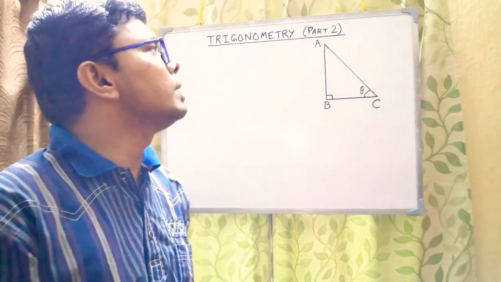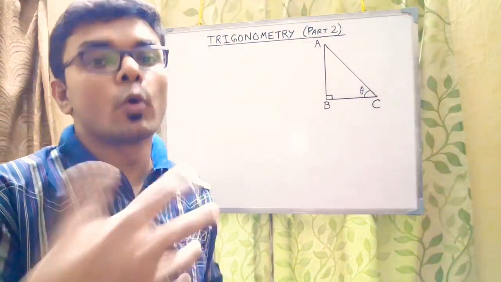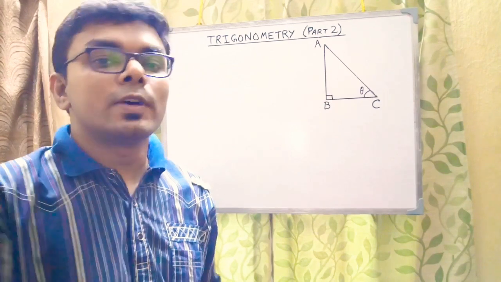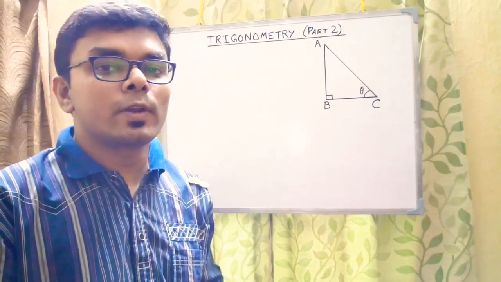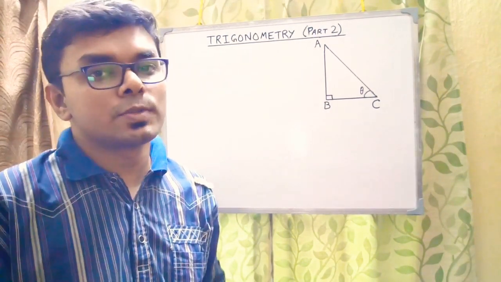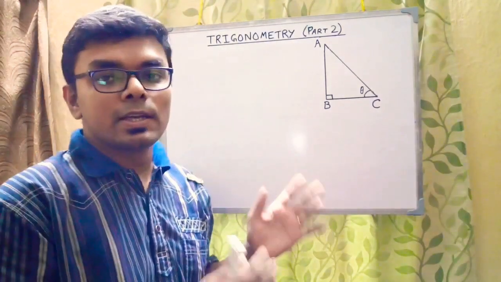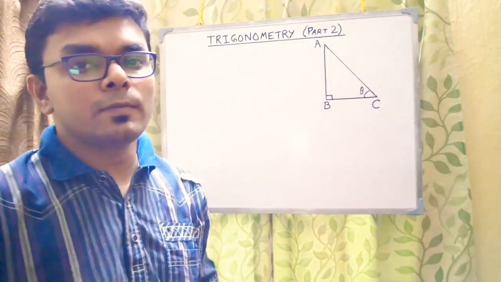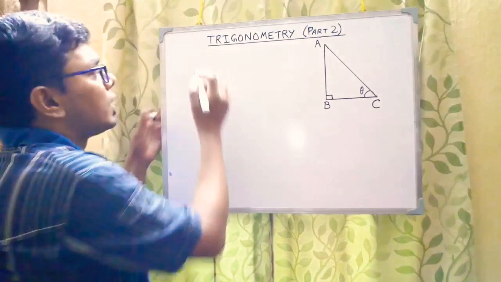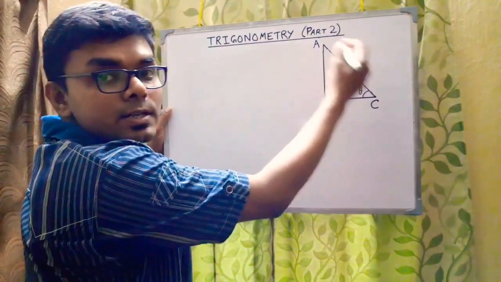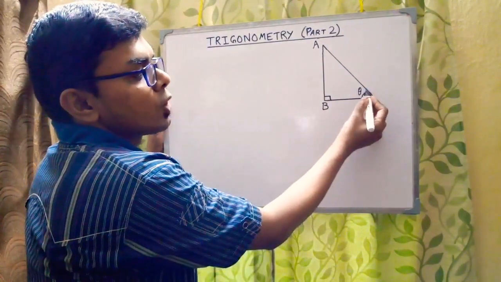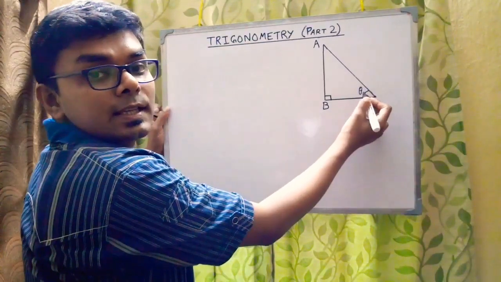Now in this video I'll be talking about something more. In the first video we learned about the different trigonometrical ratios. I'll just write in short what we learned. In this right angled triangle ABC, we considered the angle C as theta.